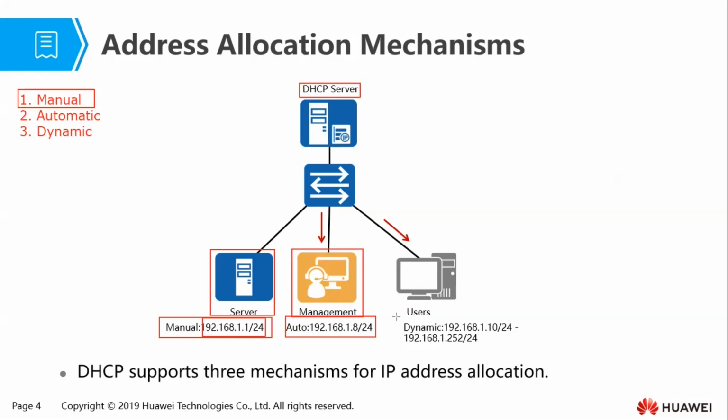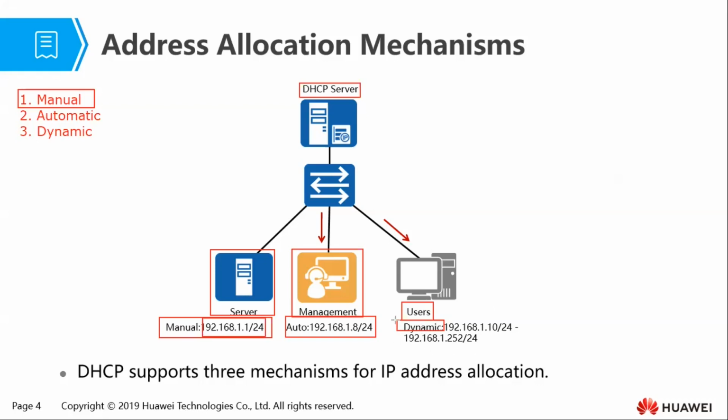Then the very last one is called dynamic. Most of the time, these are for users, people who need IP addresses temporarily, like students coming in with laptops, bosses coming in with tablets, and so on. For them, you offer dynamic allocation.